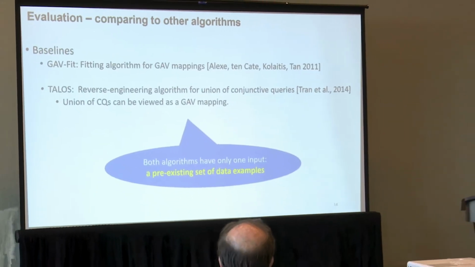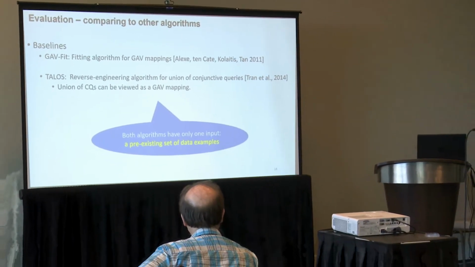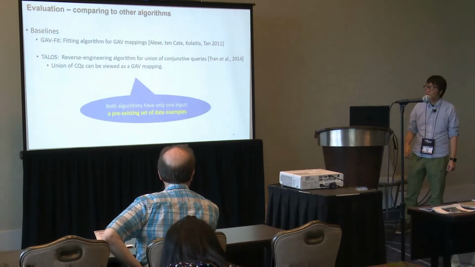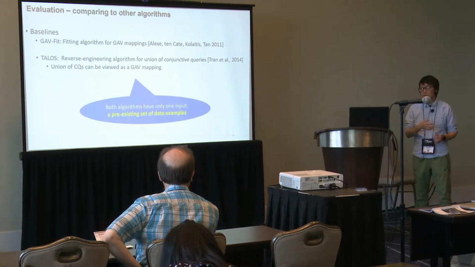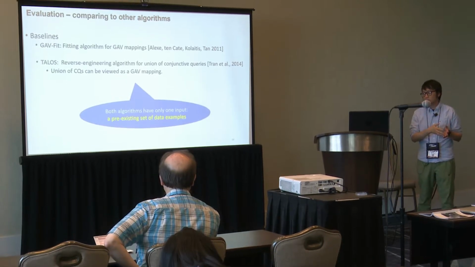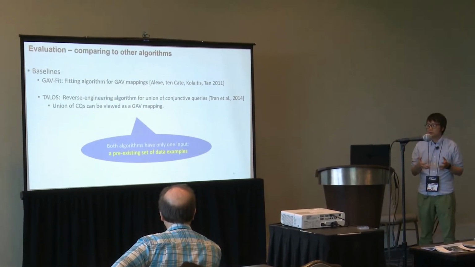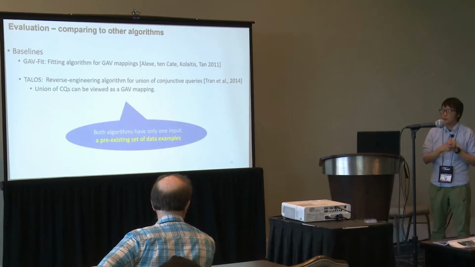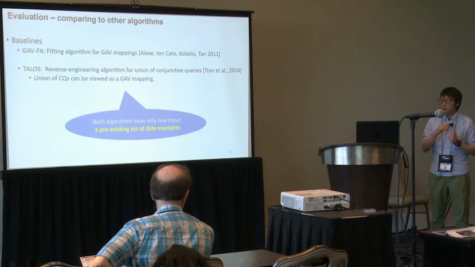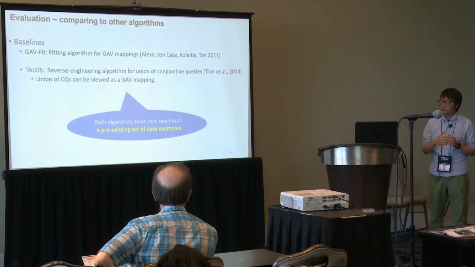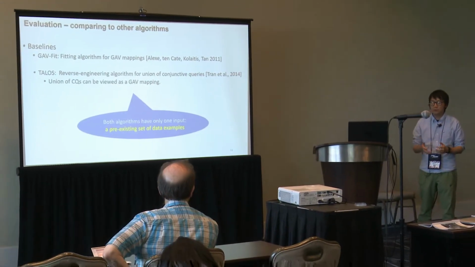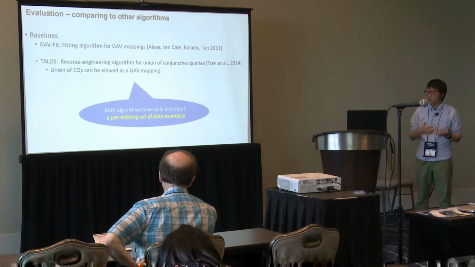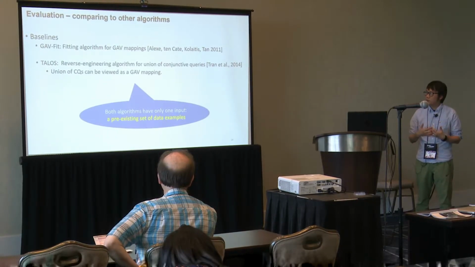We also compared GAV-learn with other existing algorithms that can be used to derive GAV schema mappings. The first one we consider is GAV-fit, the fitting algorithm for GAV schema mappings, introduced in the work done by Alexe, ten Cate, Kolaitis, and Tan in 2011. The other one we consider is Talos, a reverse engineering algorithm for unions of conjunctive queries, done by Tran et al. in 2014.